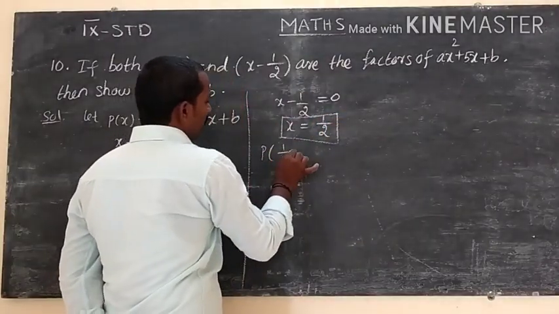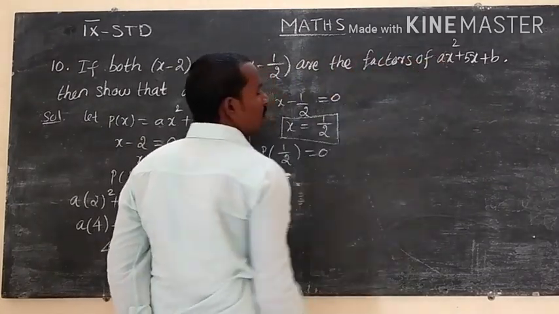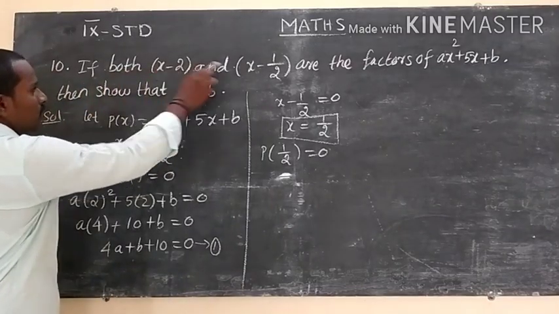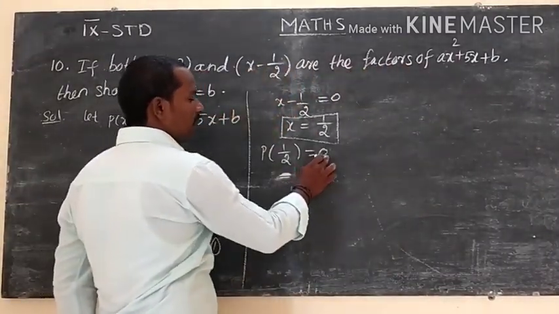Now p of 1 by 2 is equal to 0, because x minus 1 by 2 exactly divides the polynomial. If x minus 1 by 2 is a factor of the polynomial, the remainder is 0.